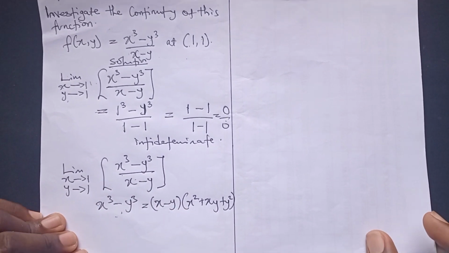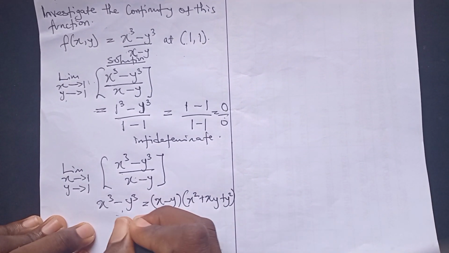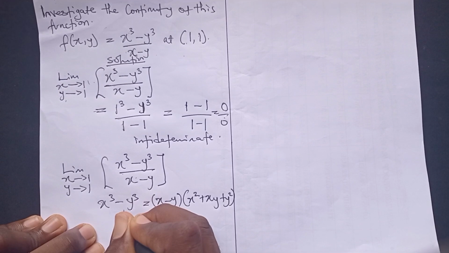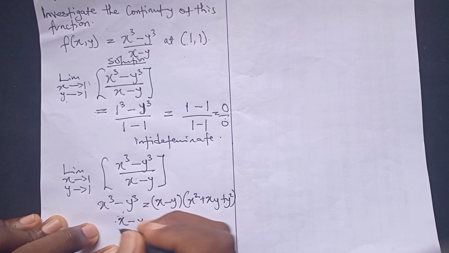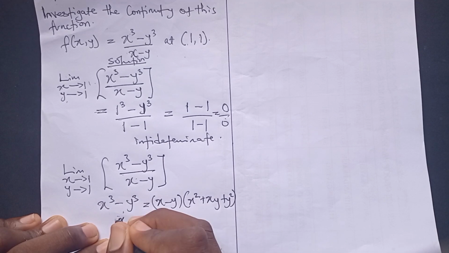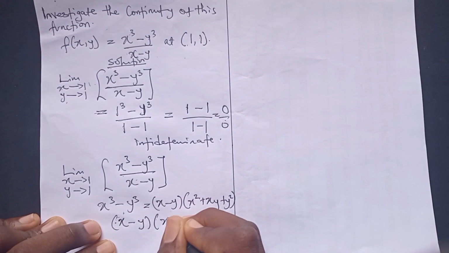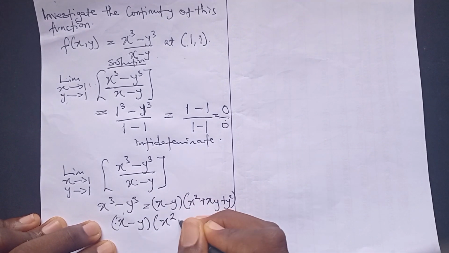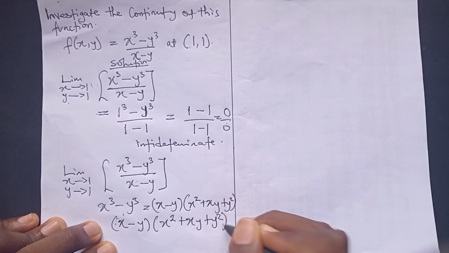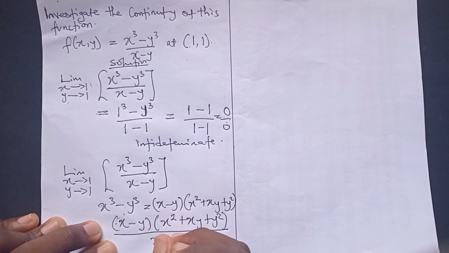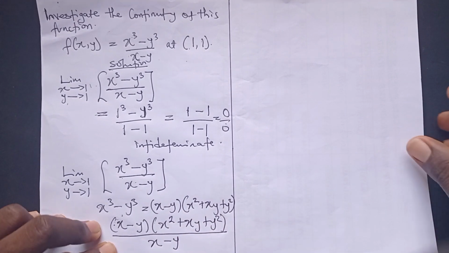So now this will be x minus y times x squared plus x y plus y squared over x minus y.